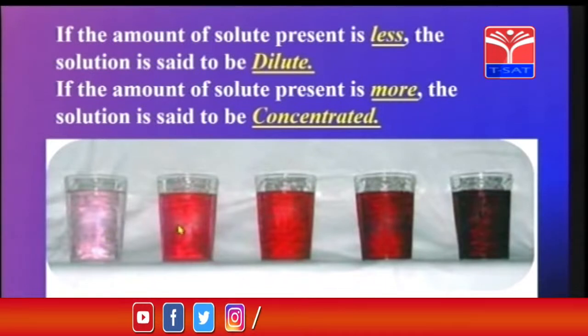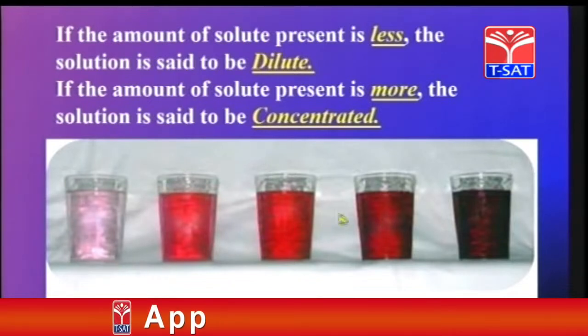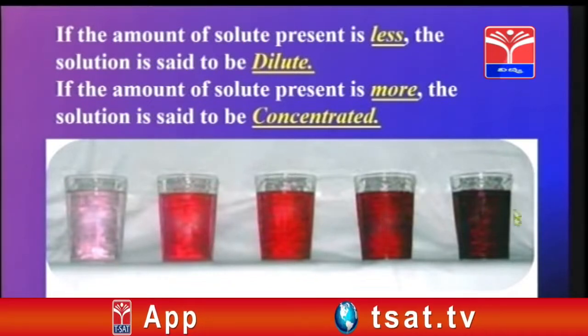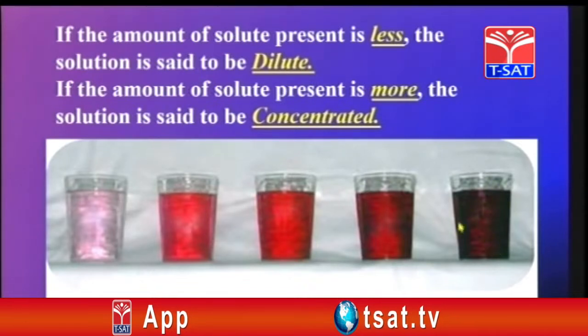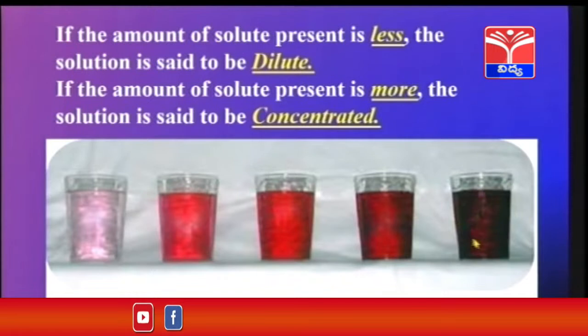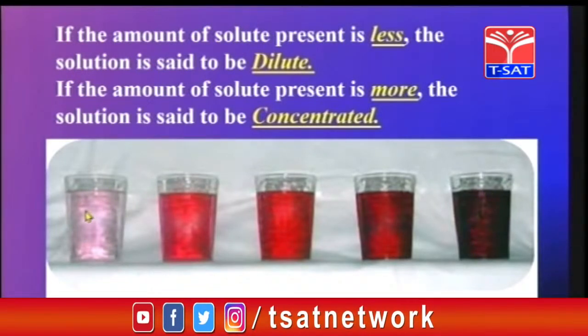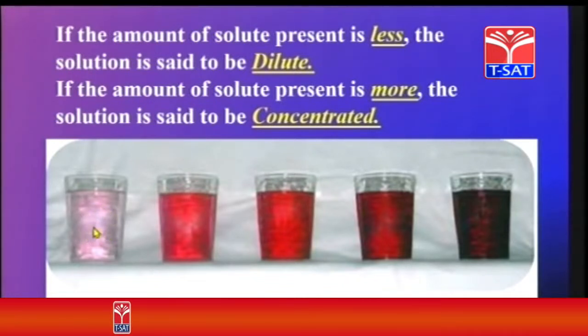Now slowly, when you have added more drops of ink in all these glasses, the color has changed. It has become darker in the last glass. That means more solute is added here, and that is why it is dark red in color. Whereas in this glass we have added fewer ink drops, so it is light red in color.